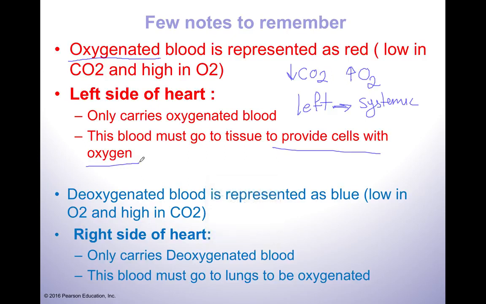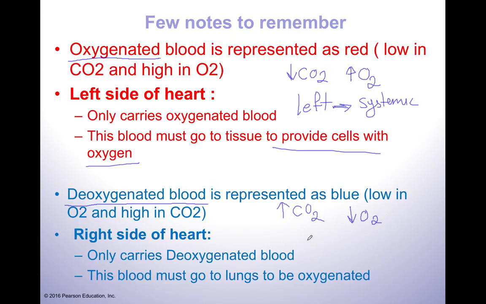The second condition for blood is deoxygenated blood, and as the name implies, it means lack of oxygen. So this would be high in CO2 and low in O2.